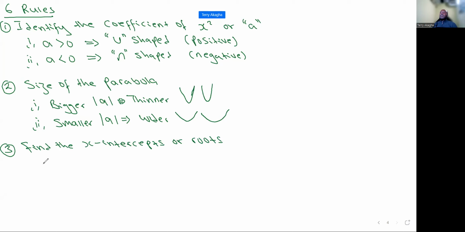So like I said, for the x-intercept, you have to then set y to be equal to 0. So that means you then solve appropriately. You're going to solve it as usual, all right? And I told you that for this, there are 3 ways of doing that. I've discussed it in the previous video.